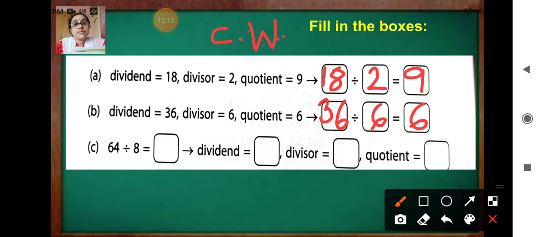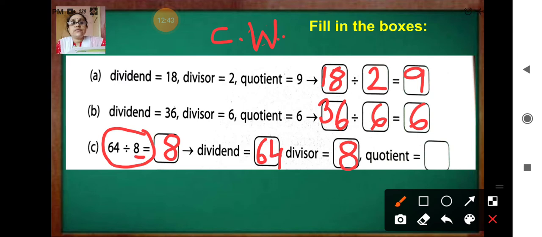So see the tables of 8. 8 8s are 64. Now the arrow is showing dividend equals what will you write? You have to select from here. So dividend equals 64. Now divisor equals 8. This one is the divisor and quotient is 8. Okay. Check it.